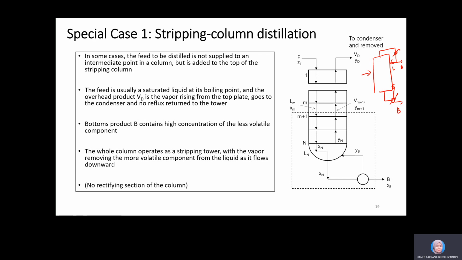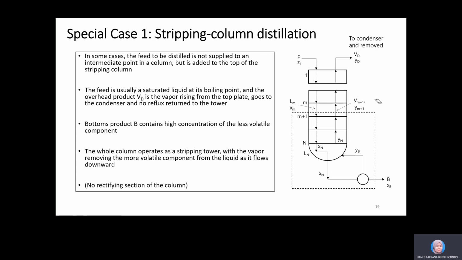Whatever is above the feed section is called rectification, and whatever is below the feed section is called the stripping section. In this case, we don't have the rectification section, we only have a stripping section for the column.